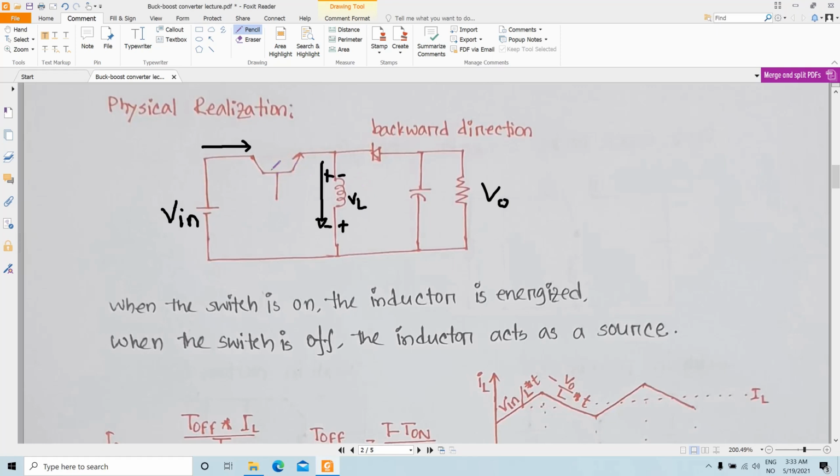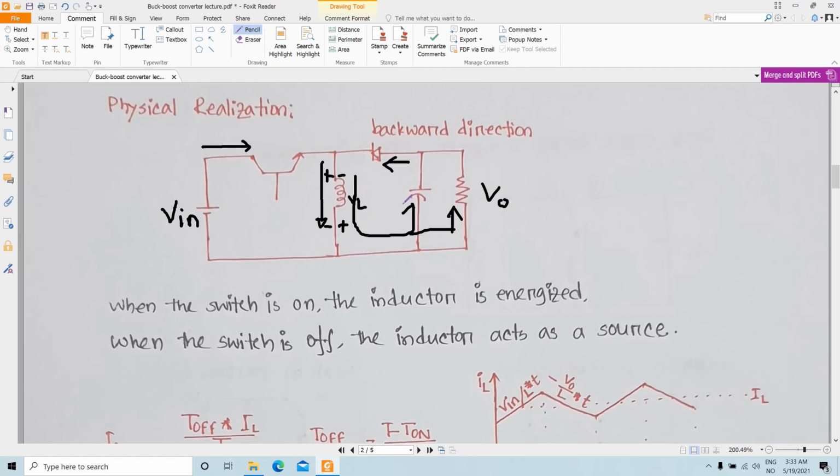So for the time when the switch is on, the inductor is acting as a load, and for the time when this switch is off, the inductor is acting as a source. When the switch is off, the inductor current will flow like this, and some part will go through the capacitor and some part will go through the resistor, across the load, and the diode will be forward biased, so the current will flow like this on the right hand side here.